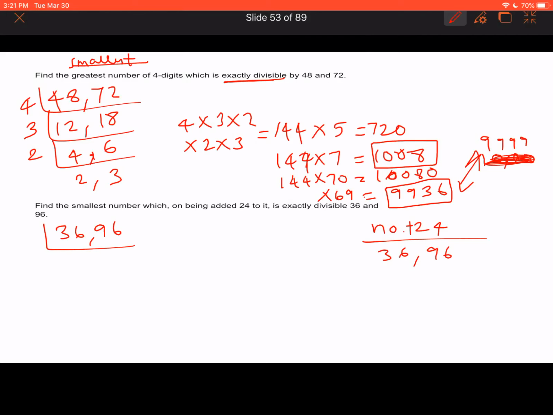But what they're asking is we have to find a number which only after adding 24 is going to be divisible by this number. So what we have to do is find the LCM, reduce the 24, so automatically we will get that number. Okay, let's do it. So find the LCM of 36 and 96.